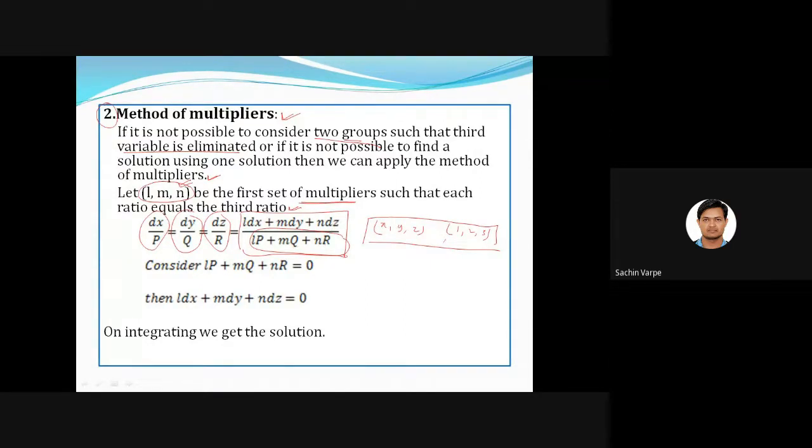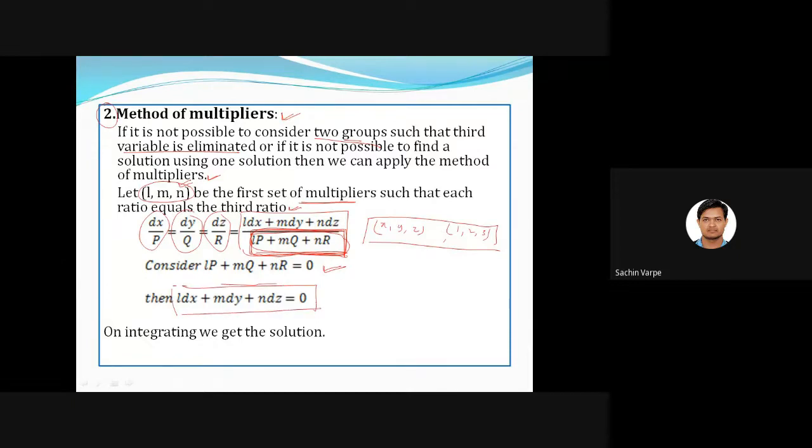What we are doing is multiplying by l, m, n to the numerators and denominators separately and adding, such that the denominator term must be 0. We have to select such l, m, n which gives the denominator term of the fourth ratio to be 0, that is lp plus mq plus nr must be 0. And if it is possible to get such l, m, n, then the numerator will be equal to 0.